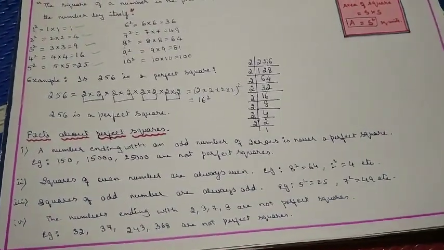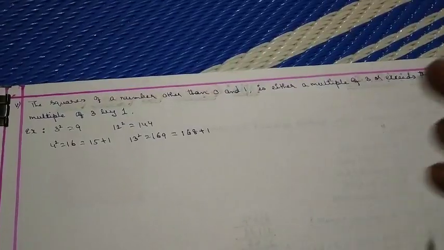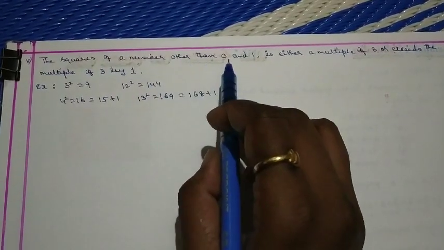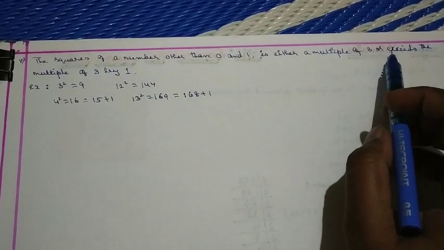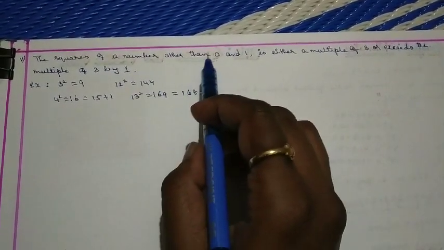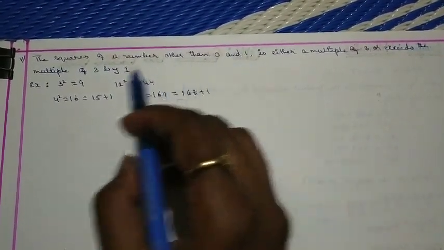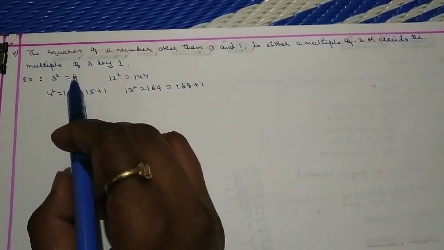So now we'll go with the next fact, fact number 5. The square of a number other than 0 and 1 is either a multiple of 3 or exceeds a multiple of 3 by 1. Let me take the example 3 square, which is nothing but 9.